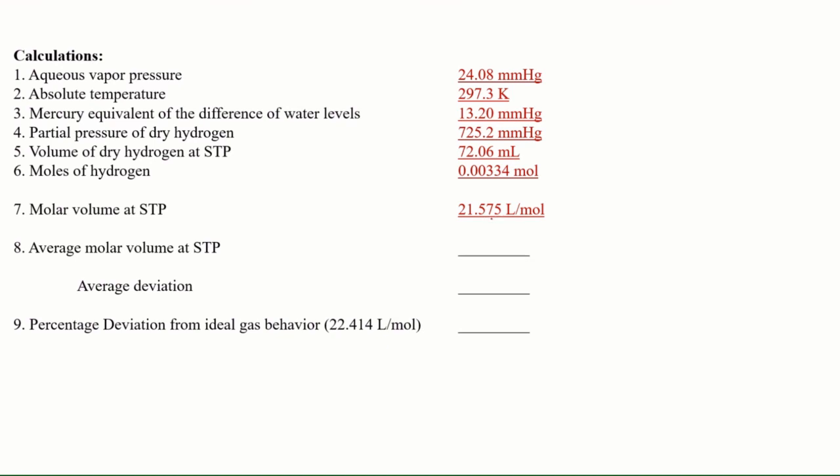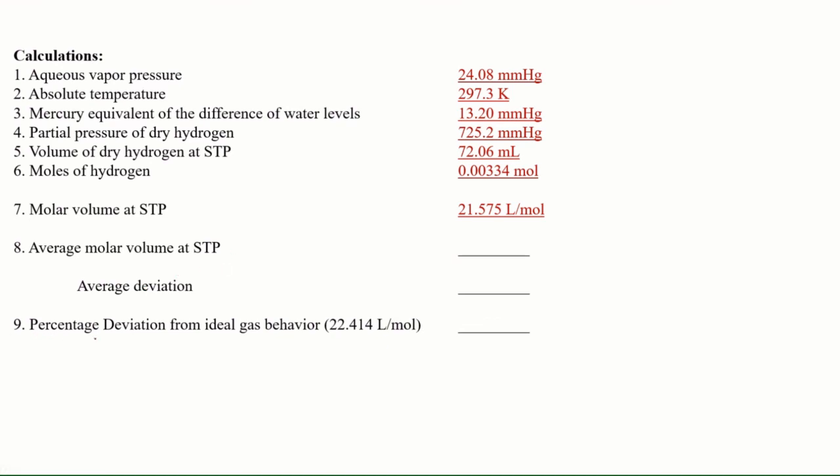If you have more than two trials, then you would have to actually sit down and calculate it. But here, because we only have two trials, after we obtain the average, we could just subtract one of the trials minus the average. That will give you the average deviation.